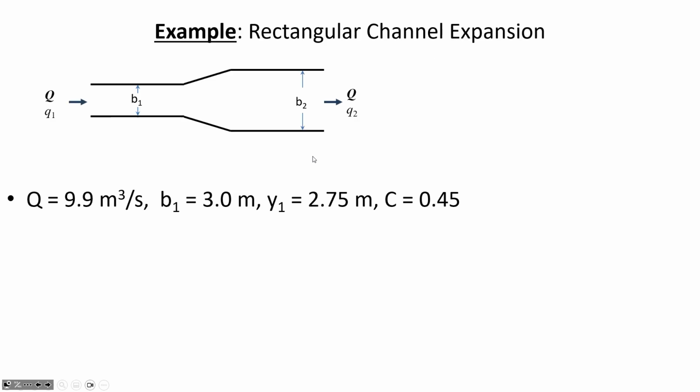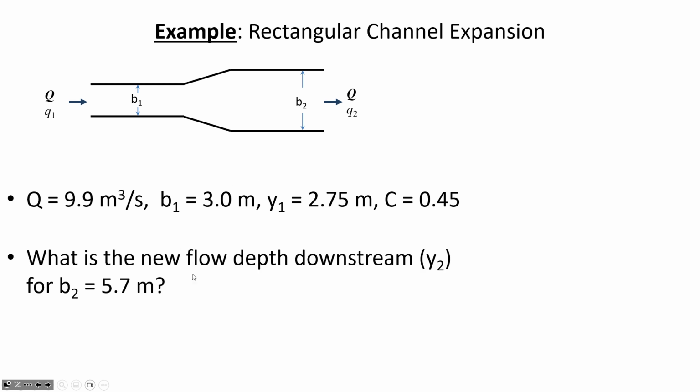Okay, so let's look at this example, do the calculations together for a channel which is expanding. And we want to know what is going to be the new flow depth downstream if the channel started off at a width of 3 meters, and then it goes through a relatively gradual transition where we've characterized the C value, and this coefficient removes energy between 1 and 2, so that the specific energy downstream is less than the specific energy upstream was.